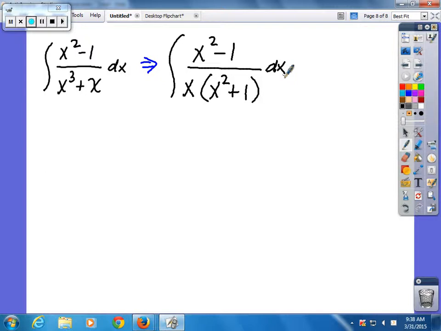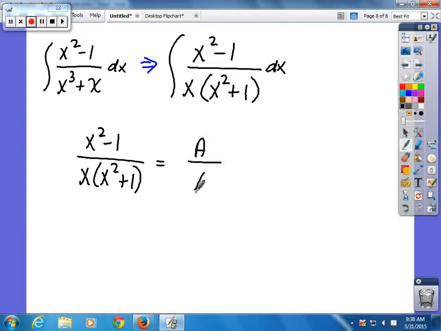So we can say x squared minus 1 over x times x squared plus 1 is equal to a over x plus bx plus c over x squared plus 1.